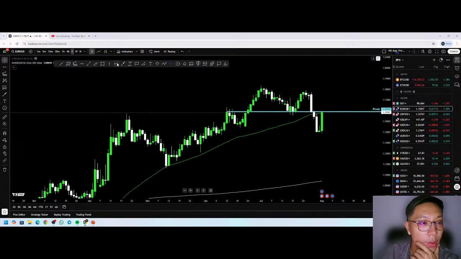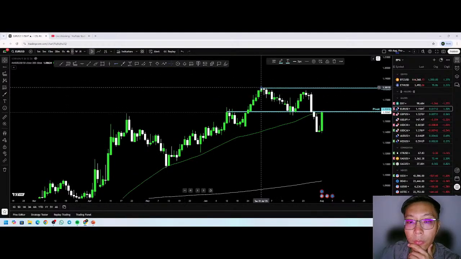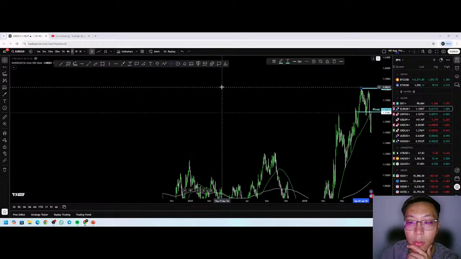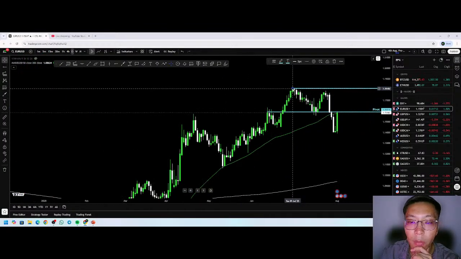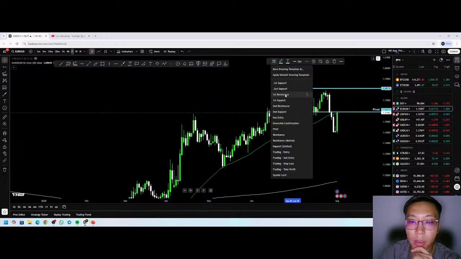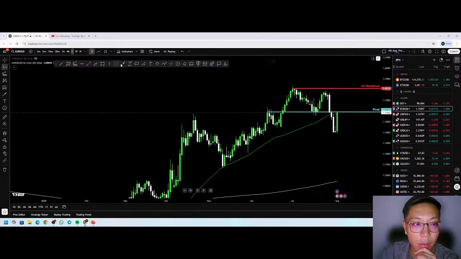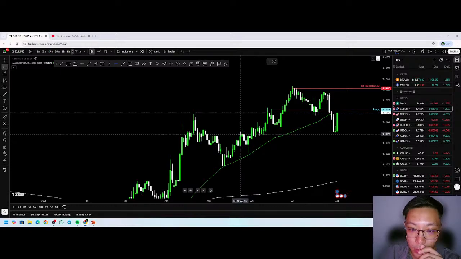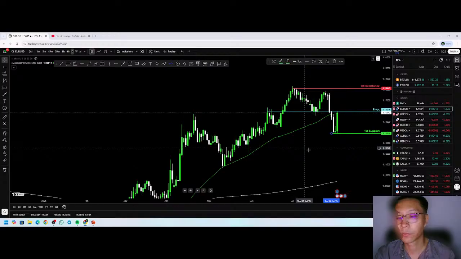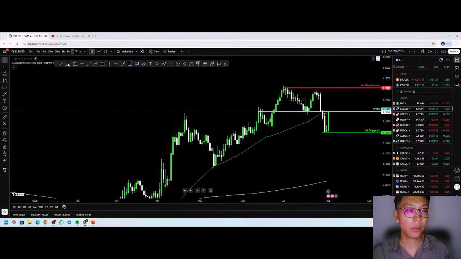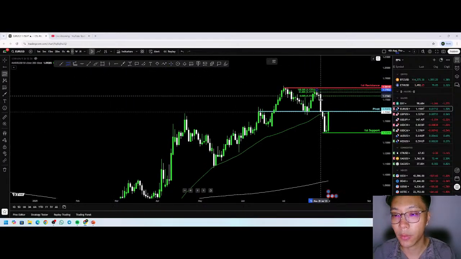Pivot point, and then we have our resistance level. Wow, it's been a long time since euro dollar has been recovering and hit this high. So first resistance, first support.